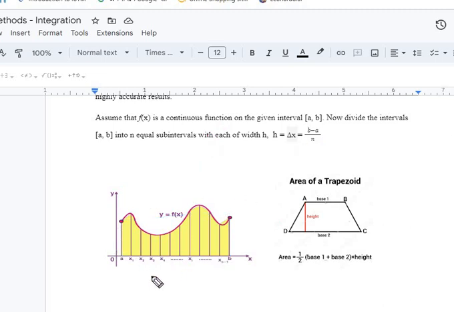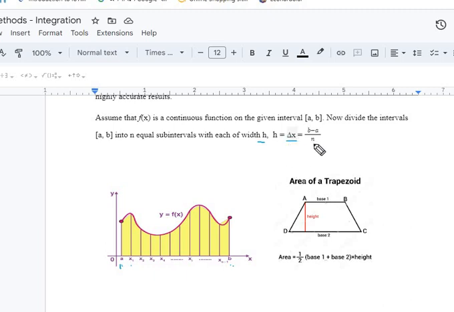We are dividing the variable from x0 to xn. Here x0 is a, whereas xn, the nth division, is b. The difference between x0 and x1 is given by h or delta x.